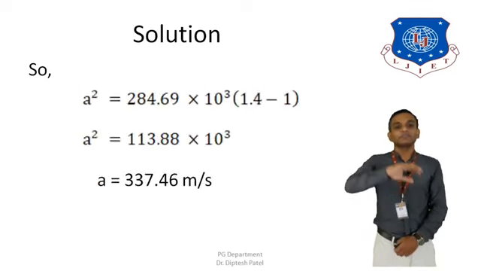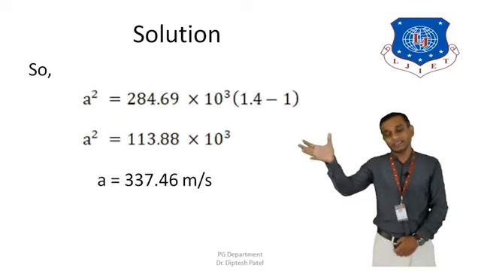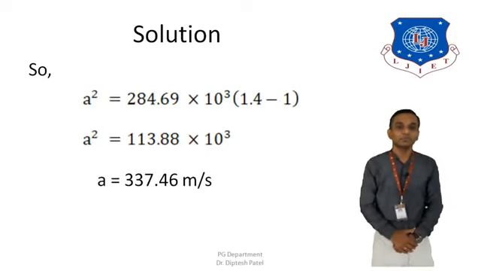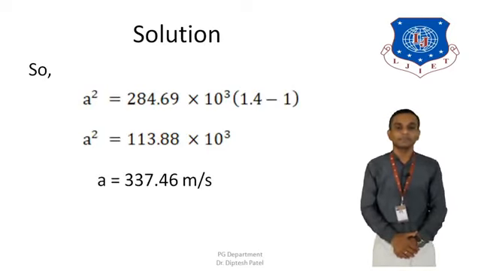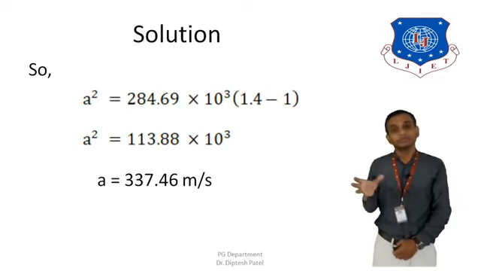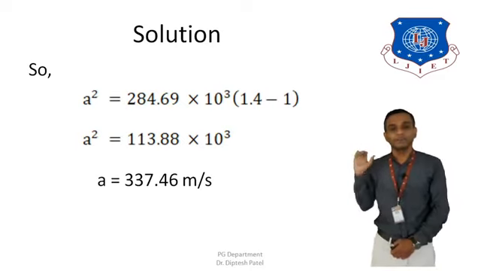Now we're going to take the gamma minus 1 to the other side. So a square is equal to 284.69 into 10 raised to 3 into gamma minus 1, which is 1.4 minus 1.